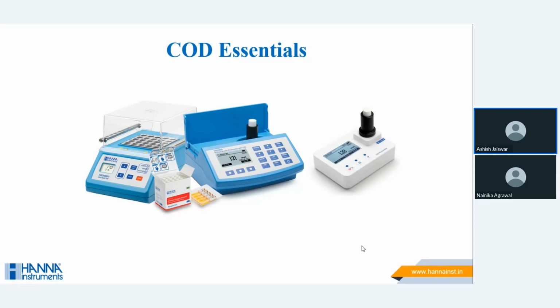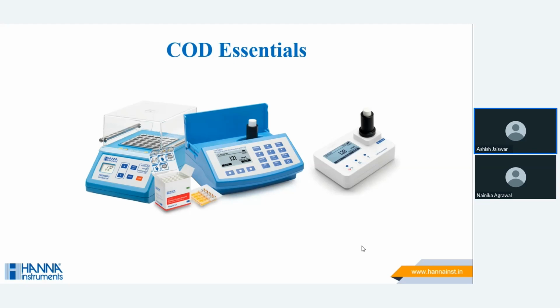COD essentials include the COD photometer, COD multiparameter meter, COD digesters, and reagent vials. The COD photometer is only for COD testing; the HI 97106 meter. The multiparameter meter is for other testing also and comes with COD too; it is HI 83399.